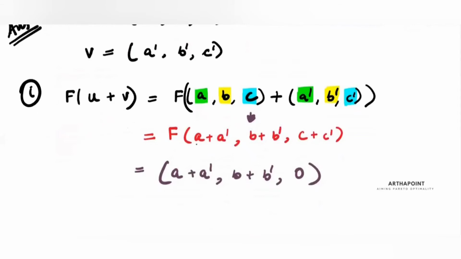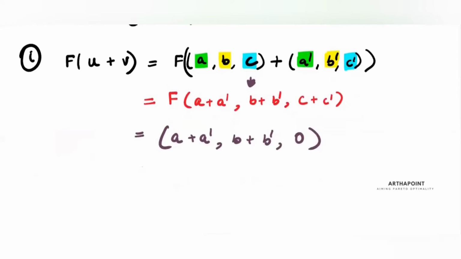This is the vector it took, and when I applied the function on top of it, it gave me the first part as is, second as is, and then 0. So can I split this? Can I say that this is a, b, 0 plus a dash, b dash, 0?